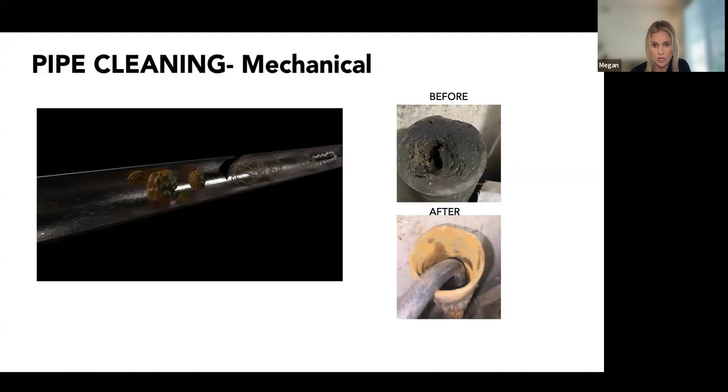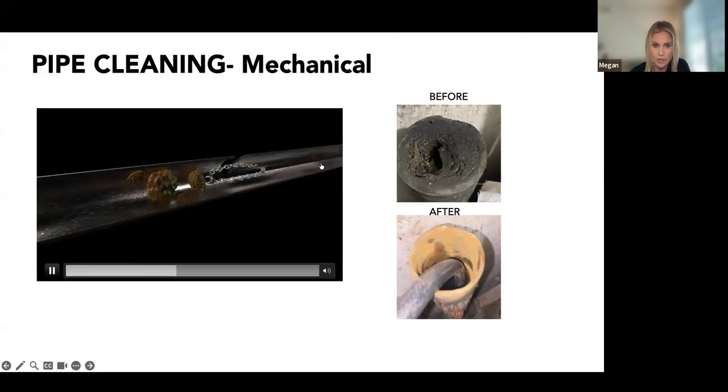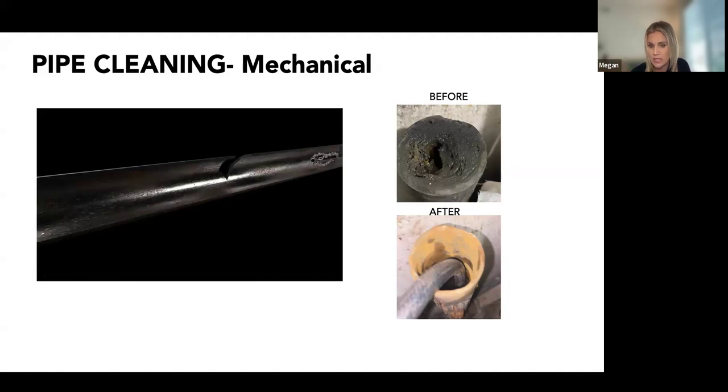So this is just years and years of buildup, grease and all the other debris that can build up within a pipe. By using these different tools, and we have different heads that can attach to our equipment, it actually goes in there and removes it. So after, you can see we have an open pipe. And that is part of our step in pipelining, which I'm going to talk about shortly.